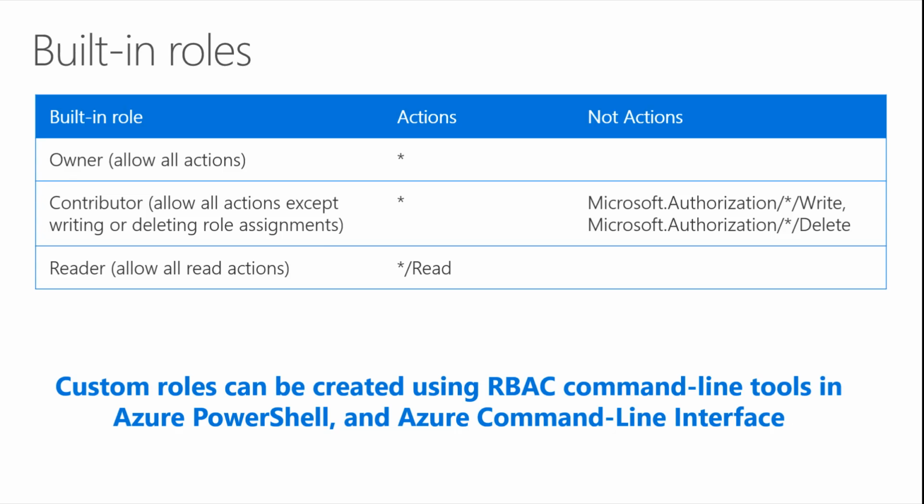So if an owner granted access to a user group or service principal and someone else, Mark, had the contributor rights, he could not take those rights away from someone else. And as we see, the reader is just */read, so any and all abilities to just read, again, for architectural review and or monitoring type tools.